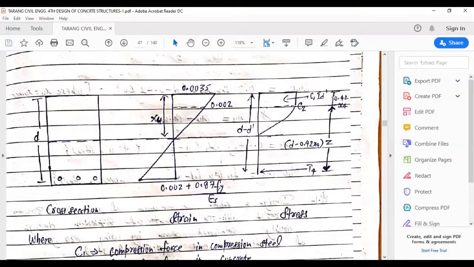This is 0.42 XU, and this way it comes out to be D minus 0.42 XU, which is Z and known as the lever arm.